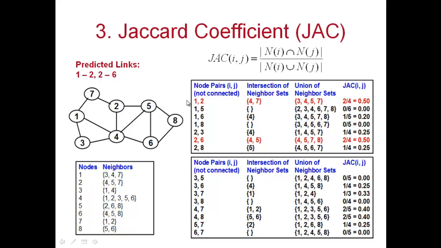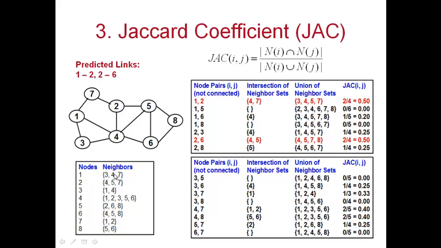So how to take the union? So the pair 1, 2, you have 3, 4, 7, and 4, 5, 7. So write down 3, 4, 7, or just have the neighbor set of 1 as the initial union, and then go to the other set and see if any value is there in the already evolving union. If it's there, don't include it. If it's not there, include it. So 4 is already here, so don't include it.